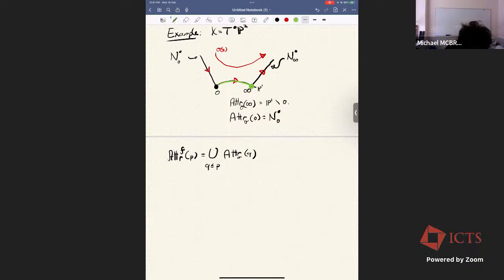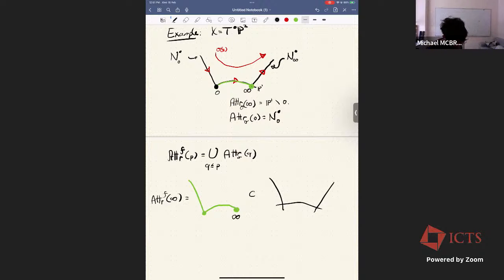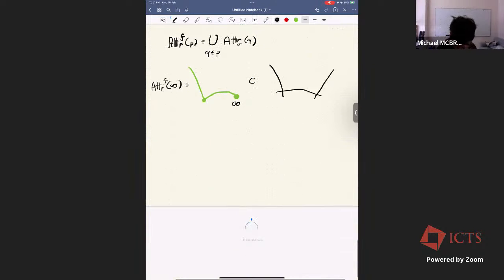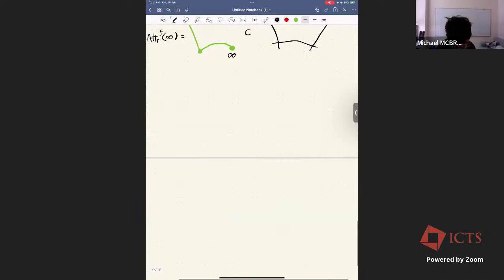Just in this example here, that would look like both of these. So that's the full attracting locus of infinity. Of course, if you're familiar with Morse theory, this is in the same spirit, although it's all in a complex setting.